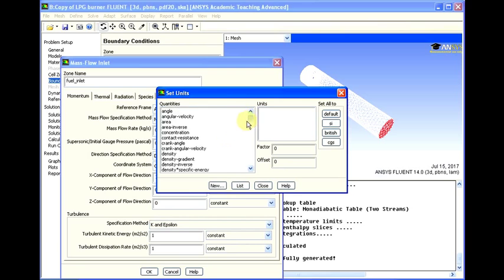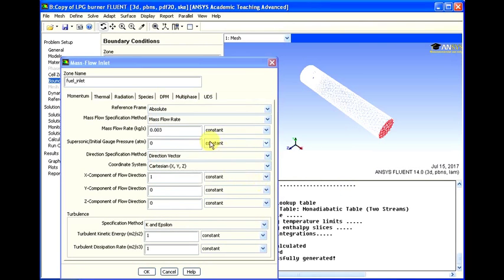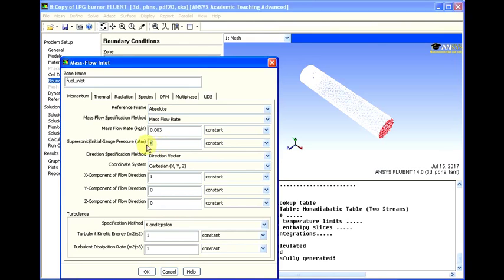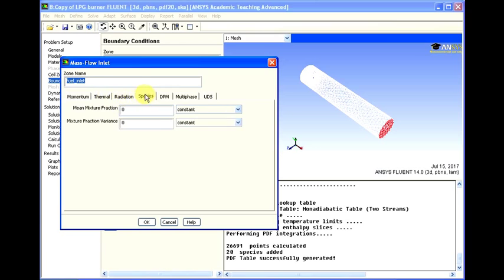We didn't define the atmosphere, so we go to define, pressure, atmosphere. The default is Pascal, so we put 2 atmosphere. The direction is normal to boundary. In species, the mean mixture fraction is 100% or 1, which means it is a pure fuel inlet, no mixture with air.